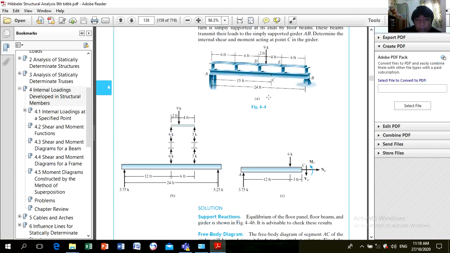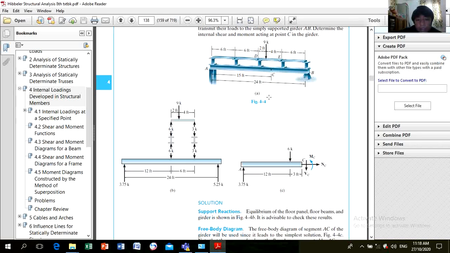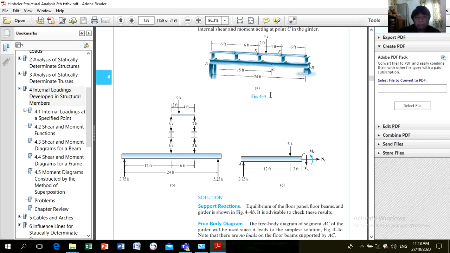First, you need to identify the reactions. By the way, this is simple. You isolate the panel DE. This is 9. What will be the reactions? They will be 6 and 3. How? 9 times 4 divided by 6 is 6, and 9 times 2 divided by 6 is 3.